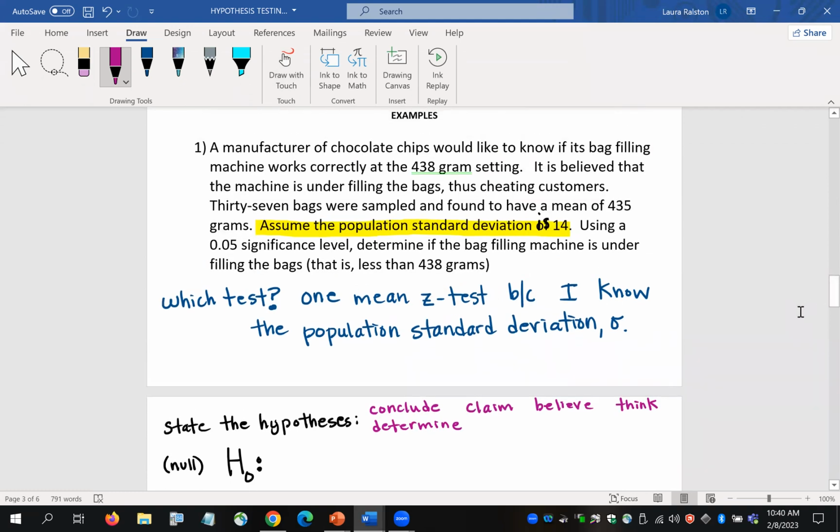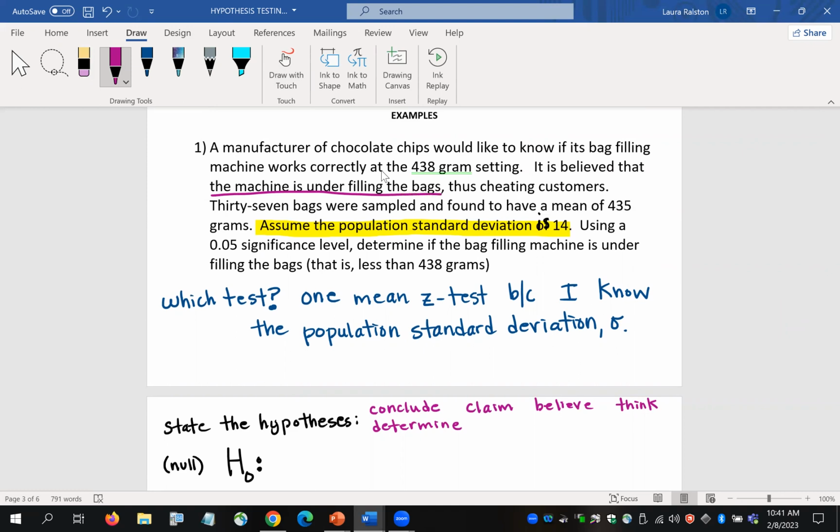In this problem, it's actually stated twice, okay? Because it says they want to know if the bag filling machine works correctly. And then it says it is believed that the machine is underfilling the bags.